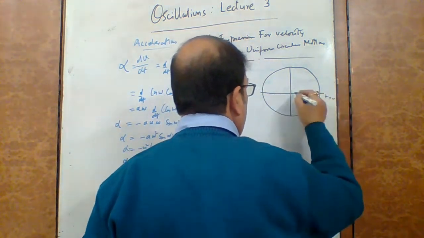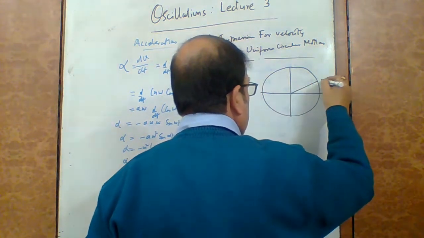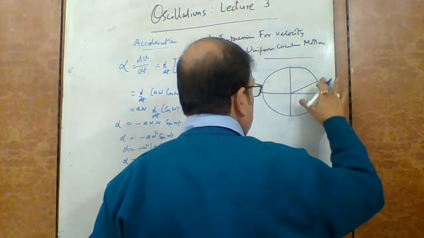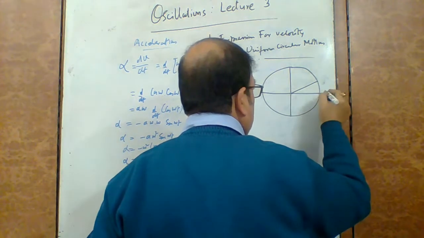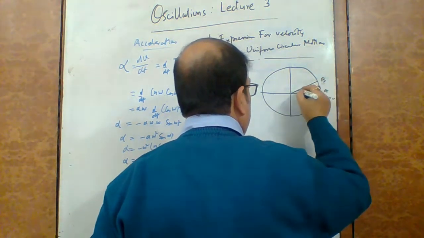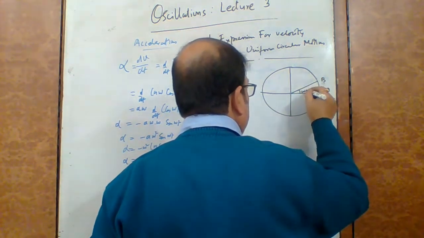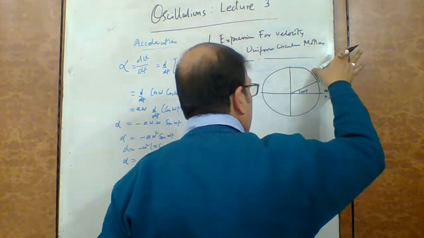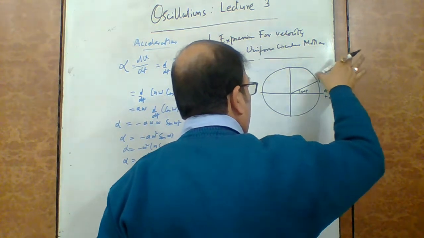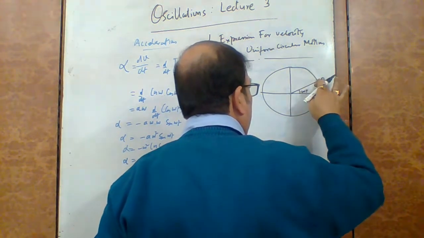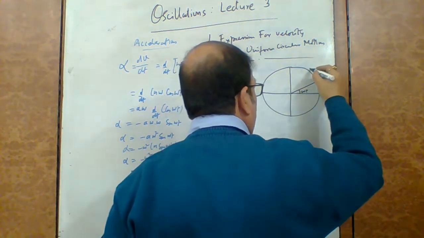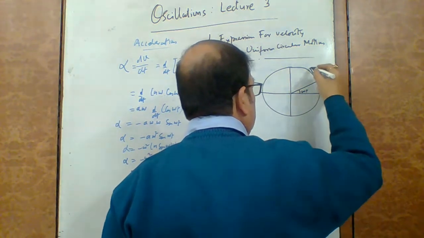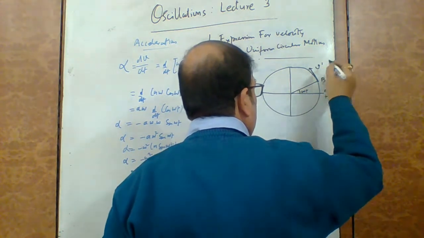At t equal to 0, it is A, then it is B. This point is A, this point is B. This is your omega t. This is the linear velocity V dash.